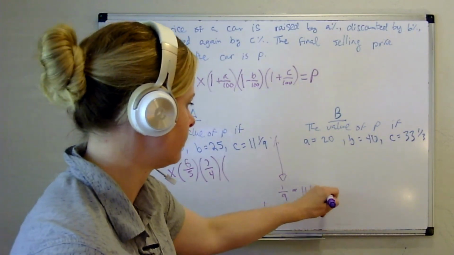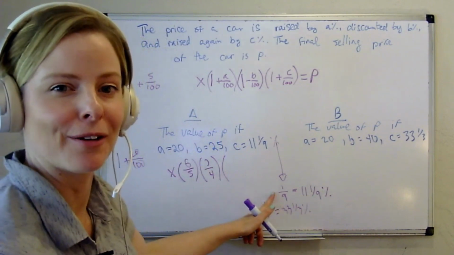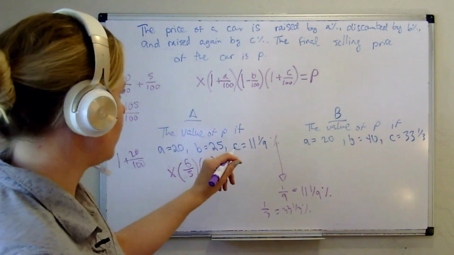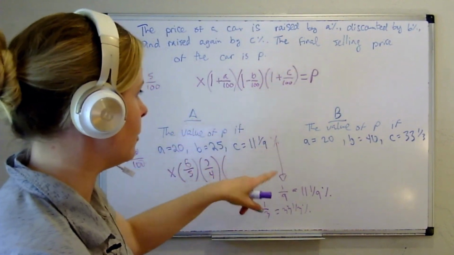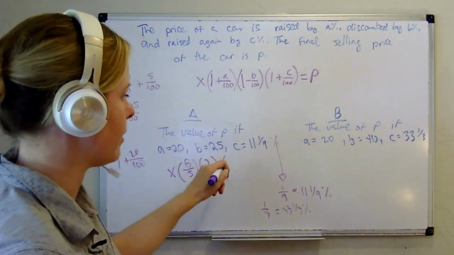So much nicer to work with this fraction of 1/9 rather than working with 11 and a ninth divided by 100. So what we will do is just say 1 plus, and then this whole fraction I know is going to be 1/9. So if I start with 9/9, then I end up with 10/9.